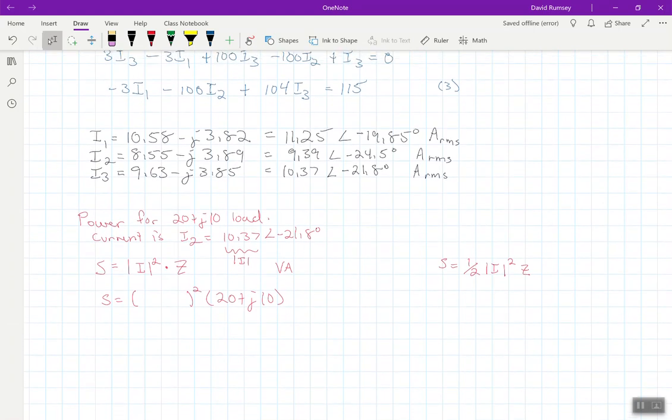So it's I2, which is 9.39 at an angle of negative 24.5 degrees amp RMS. Okay, so then this would be 9.39 squared. So let's do that computation.